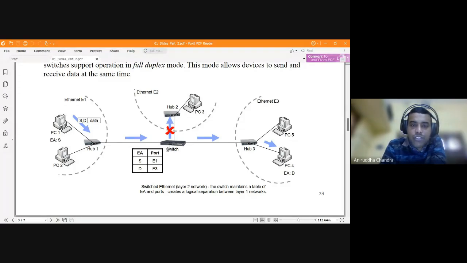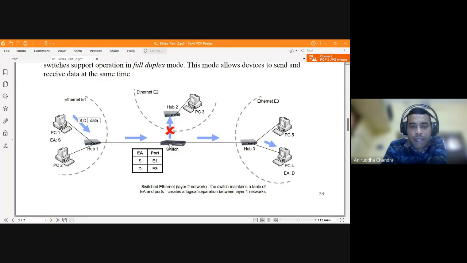In this switch, there is a table like this, which has two columns. One is the Ethernet address and the other one is the port. So the switch reads the destination address and forwards the packet to the corresponding port. That means the switch knows that if a packet comes with a destination address D, then D is connected to Ethernet port E3.